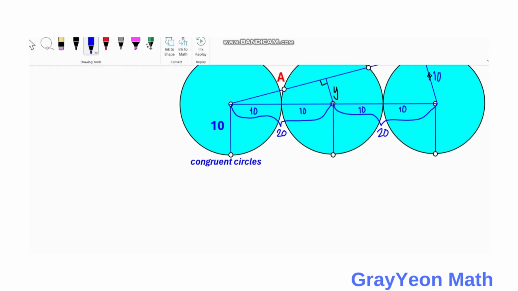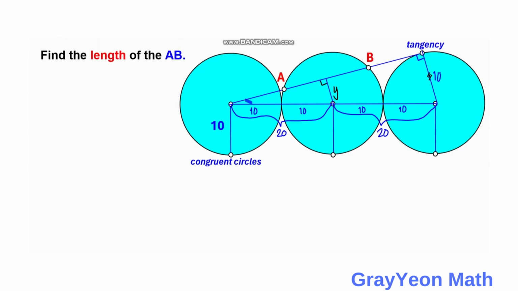To get the value of y, we need to compare this smaller right triangle with this larger right triangle. The larger right triangle is the one with the shorter leg of 10 units and the hypotenuse as 40 units.